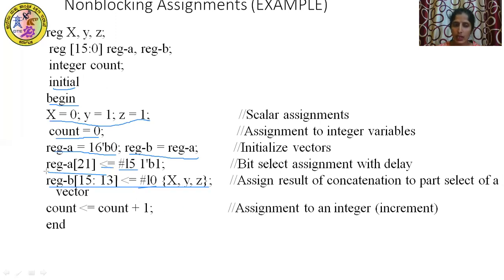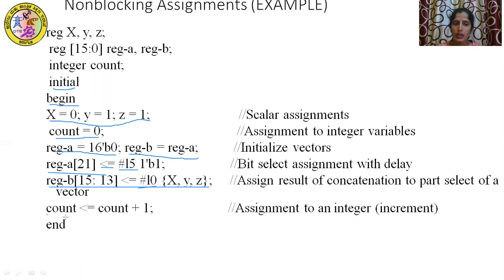In case of blocking assignment, this statement would have executed at 25 time units, that is 15 plus 10.